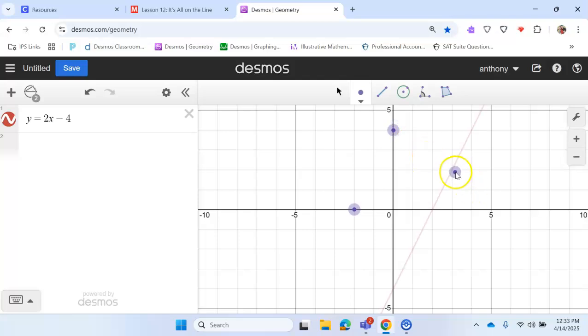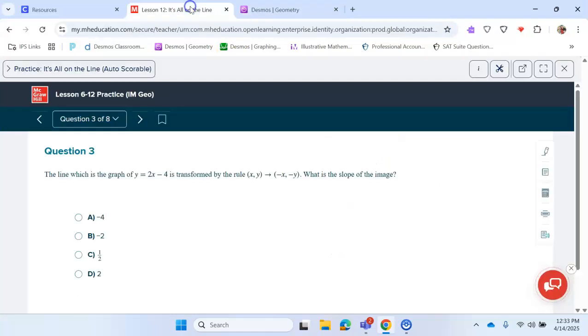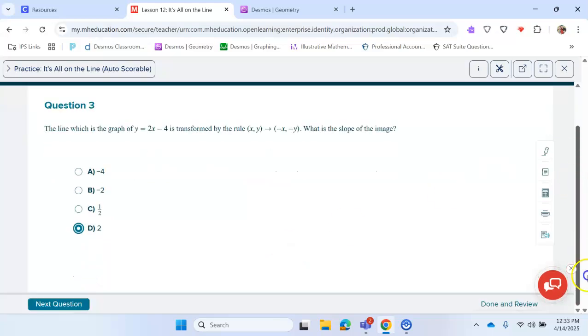And this point (3, 2) would be (-3, -2). You can see that the slope is up 2, right 1, up 2, right 1, up 2, right 1. The slope is 2. The same.